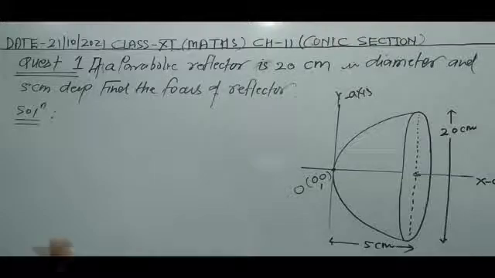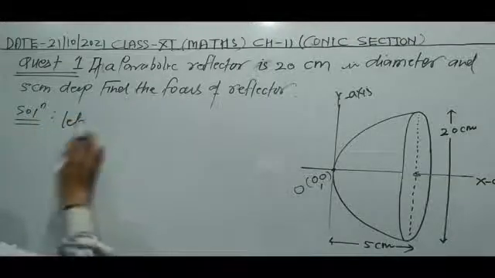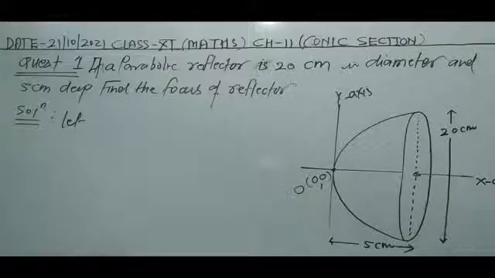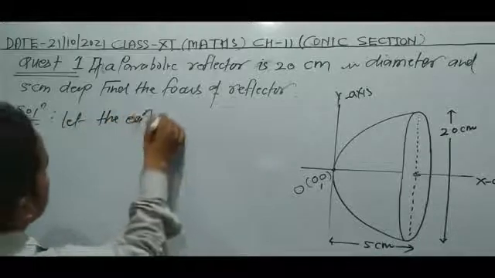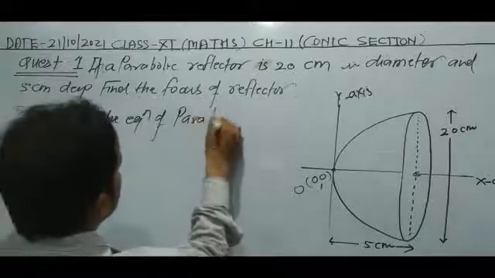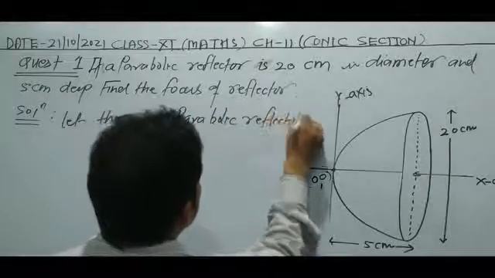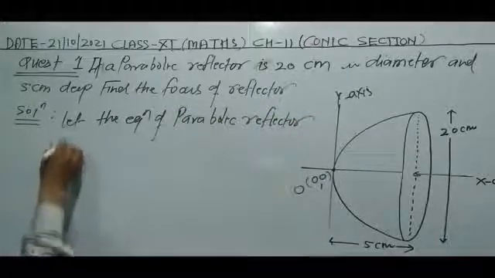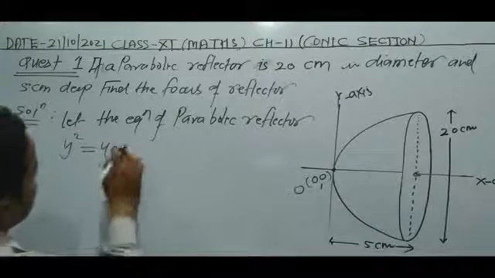Now this is the shape of the parabola. So we can consider the equation of the parabolic reflector, that is y square is equal to 4ax.